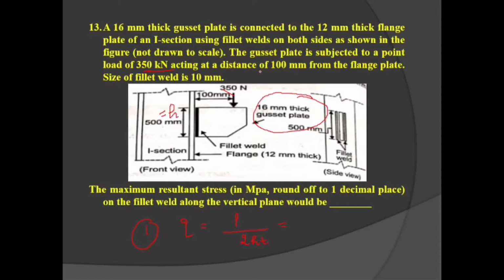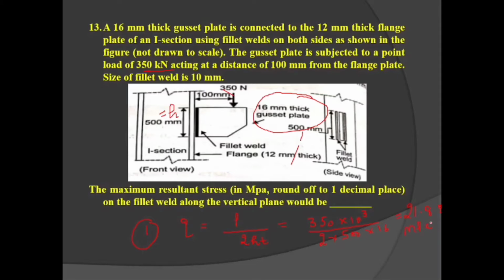So P is 350 into 10 to the power 3, whole divided by 2 into 500 into 16. After calculation, the value is 21.88 megapascal.